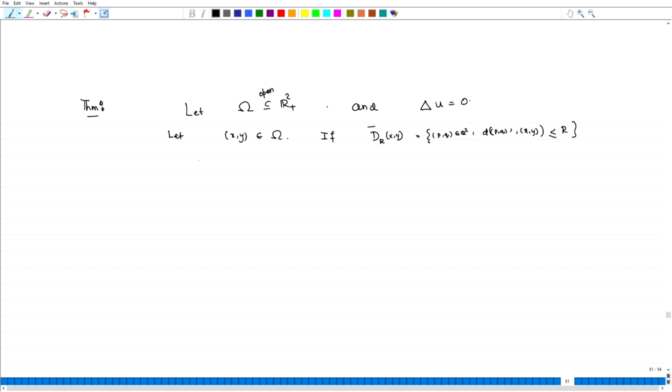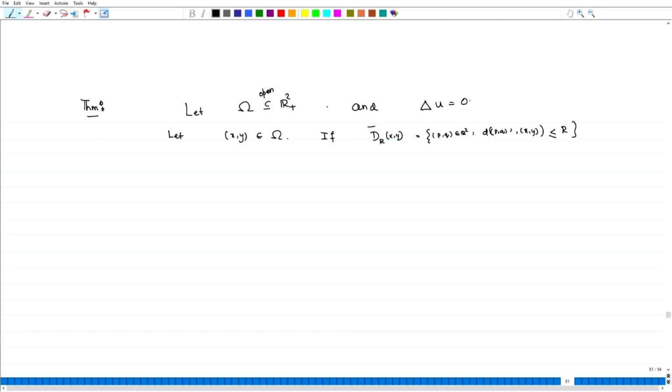Obviously there is a guarantee that because omega is open, if I take any x comma y in omega, I can get a ball centered at x comma y which is contained entirely inside omega. Not only that, I can get a ball whose closure is also contained there.